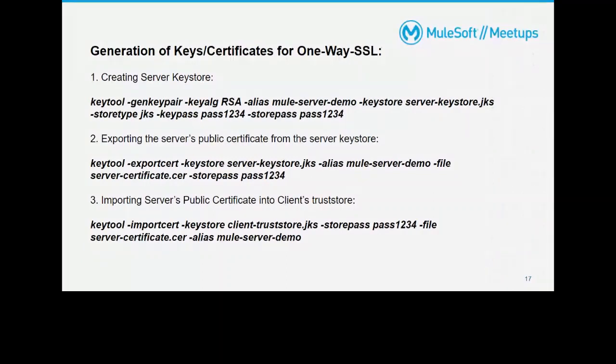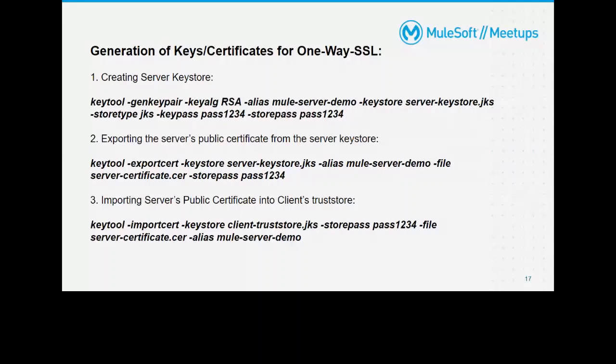In this particular command, I have given mule server demo, any random name. A very important point to note is that there can be multiple certificates in the same key store. So in order to identify the right certificate, the alias is used in the command to search the certificate in the key store.